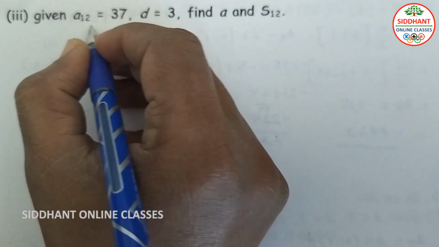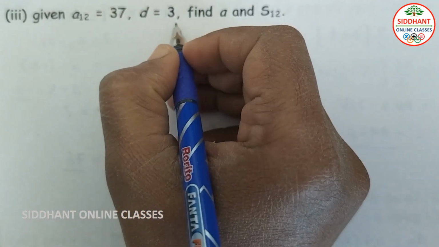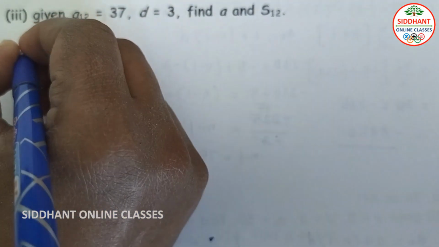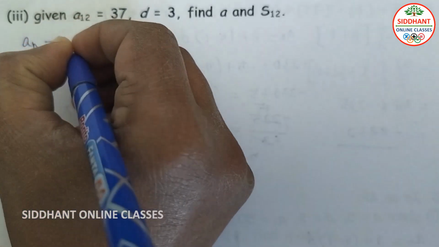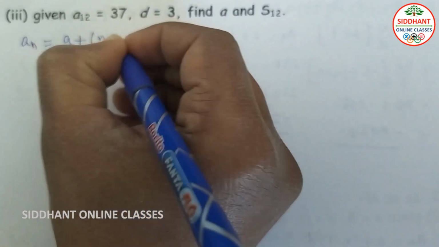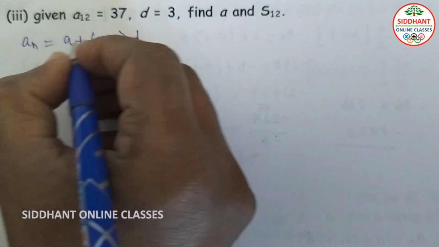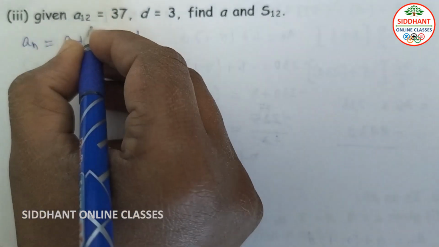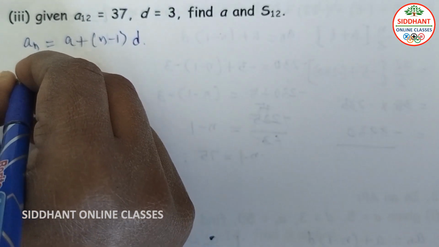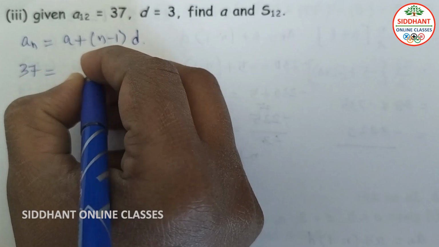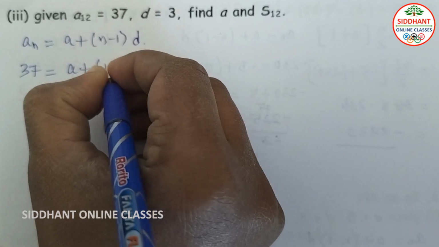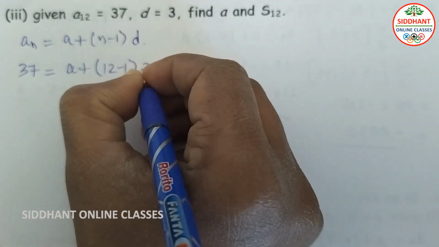Third one: given a12 equal to 37, d equal to 3, find a and s12. So an equals a plus n minus 1 d. Here a12 is 37, and a we are going to find out. n is 12, so 12 minus 1, and d is given as 3.